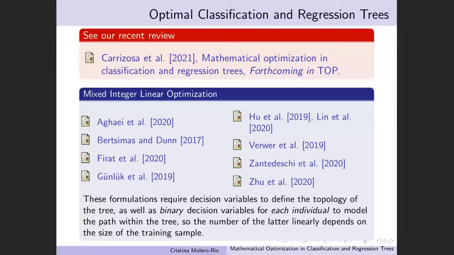This formulation requires decision variables to define the topology of the tree, as we will also do, but they also need binary decision variables associated to each individual in order to model the path each of them follows down the tree. We will see that this linear dependence on the size of the training sample is not in our proposal.